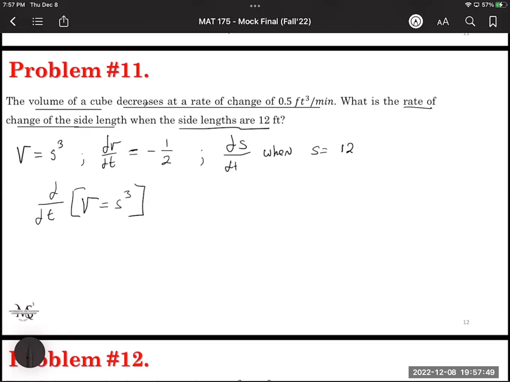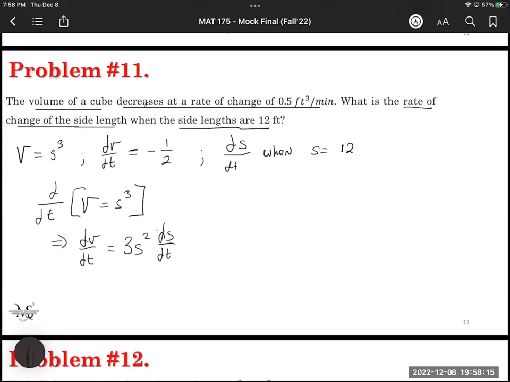All right, so when you take the derivative with respect to t here, you're going to get dV dt is equal to the derivative of s cubed with respect to t. So this is implicit differentiation, right? The derivative of s cubed is 3s squared, but again, the variables don't agree, so you say ds dt.